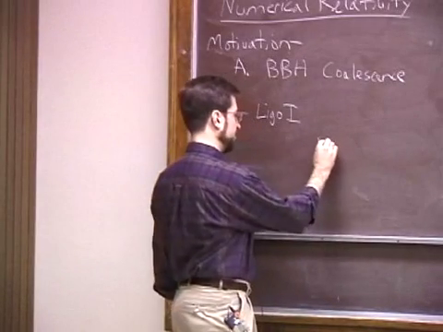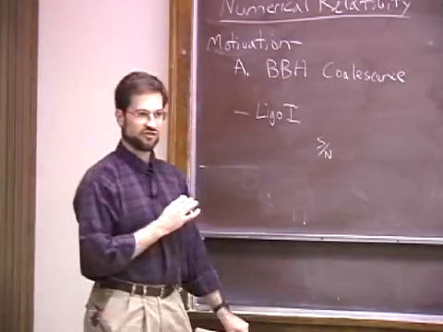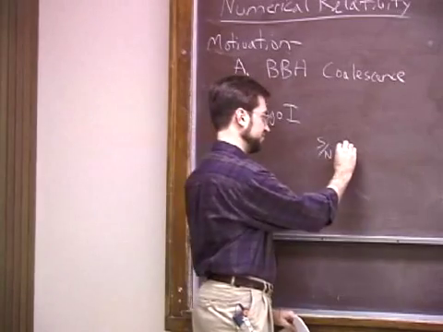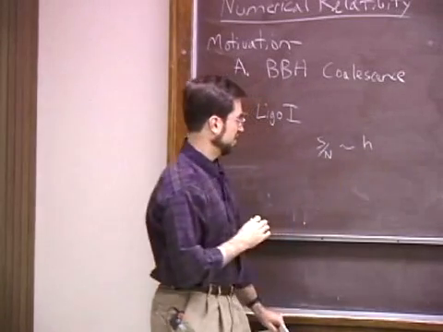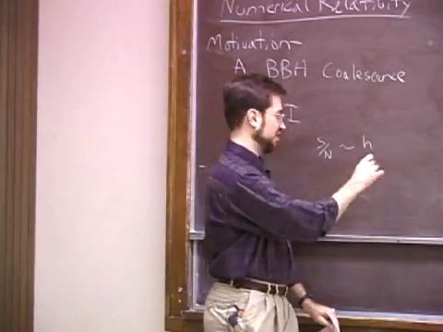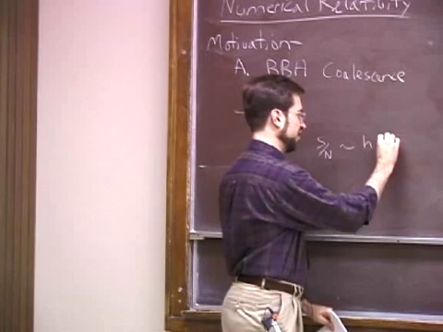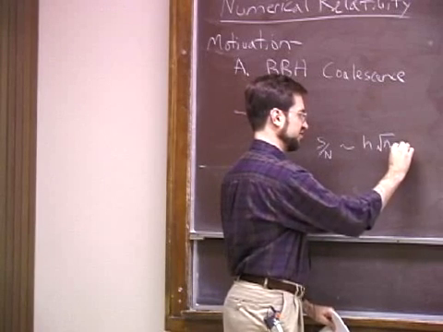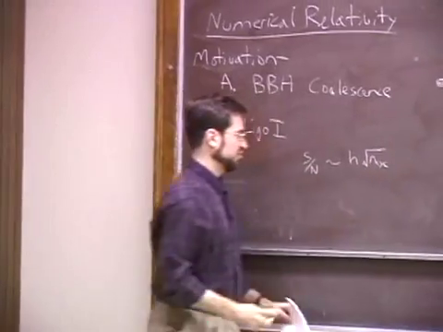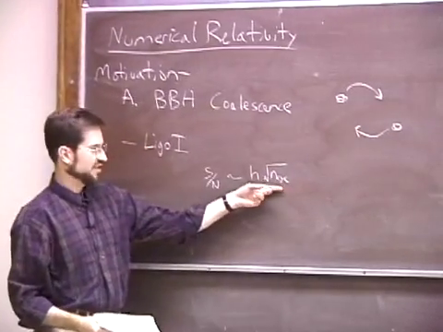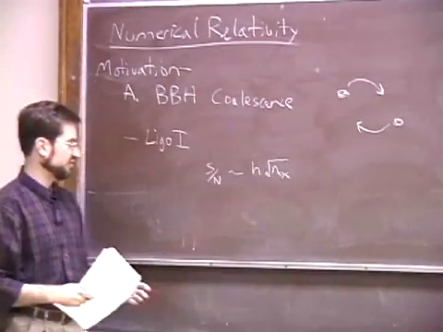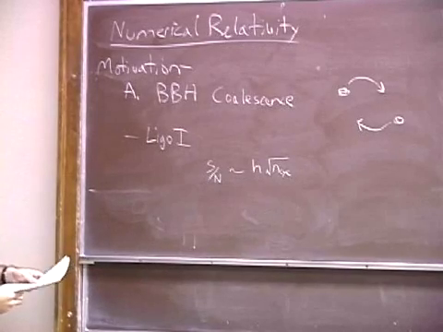If you want to look at the signal to noise that you're going to see from such a source, this roughly goes like h, your gravitational wave amplitude, times the number of cycles, where this takes into account the fact that if you get more cycles, you can get a better signal to noise ratio.